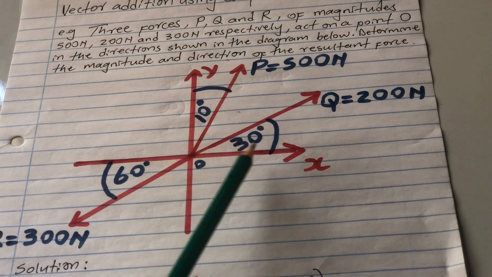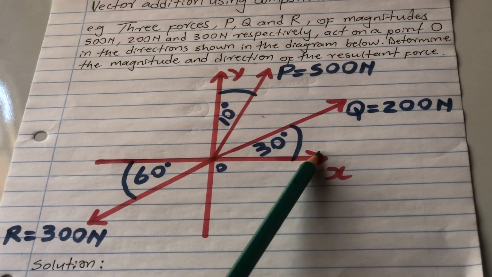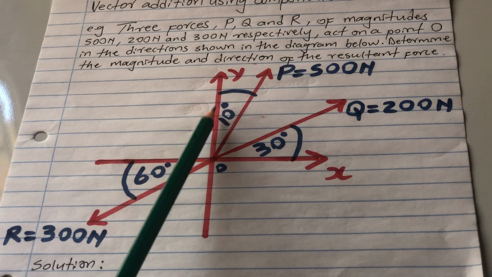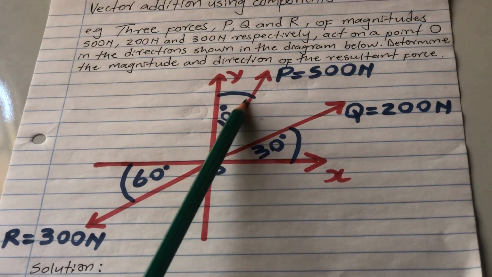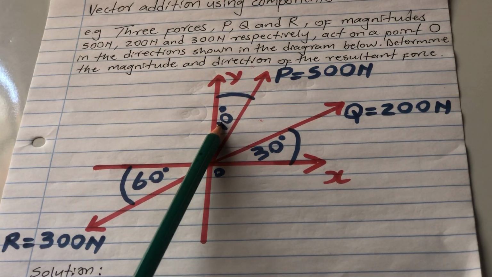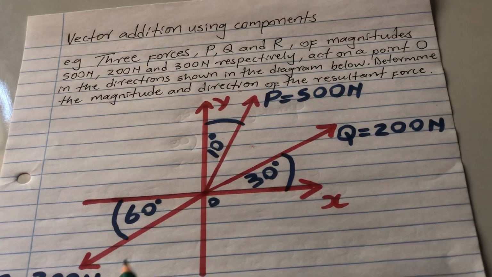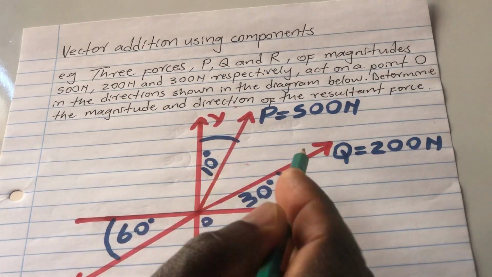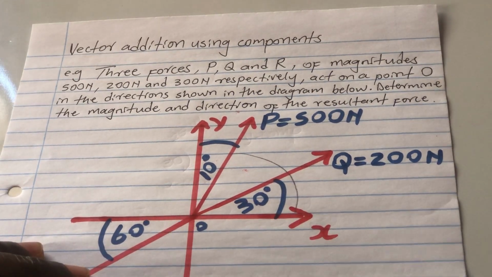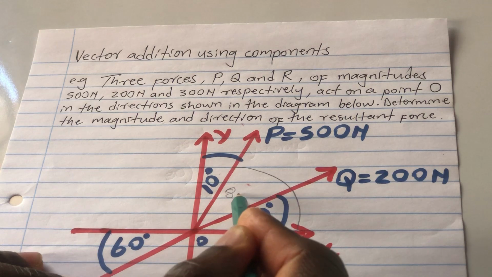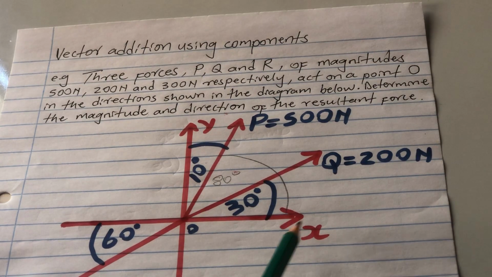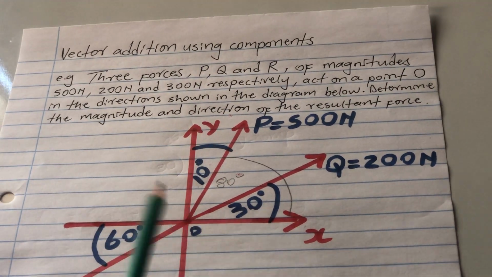Vector P will be 80, because if here is 0 and here is 90, and we are given that from the y-axis to vector P is 10, it means that from P to X is 80 degrees, because from X to Y is 90.